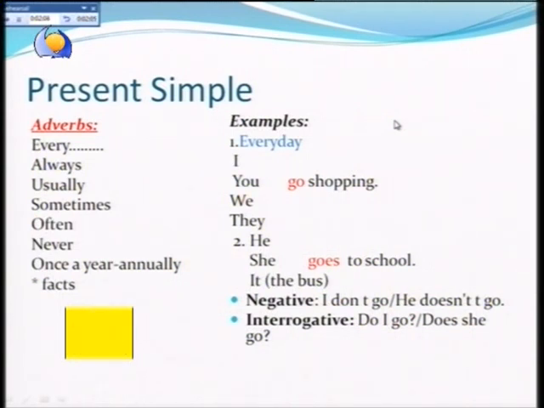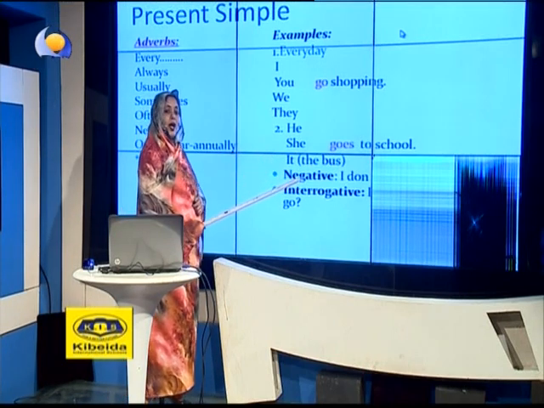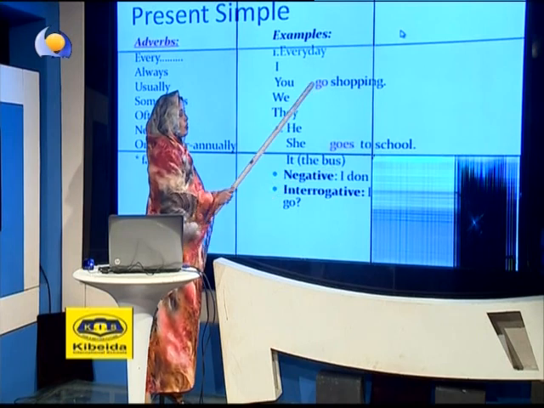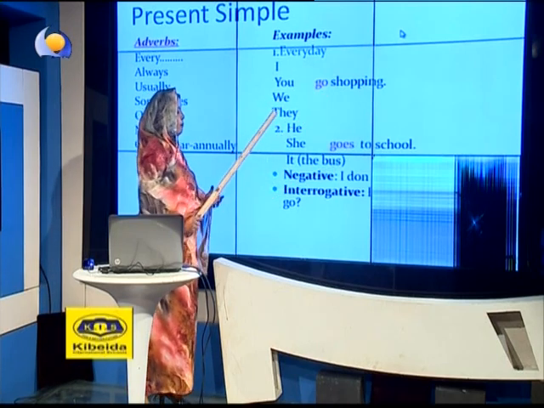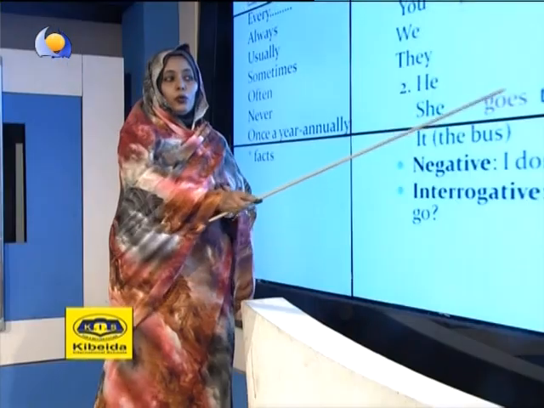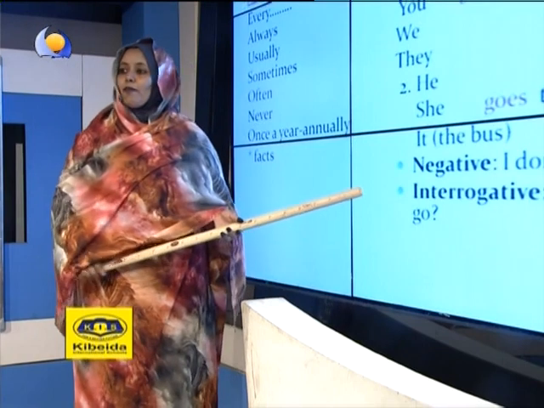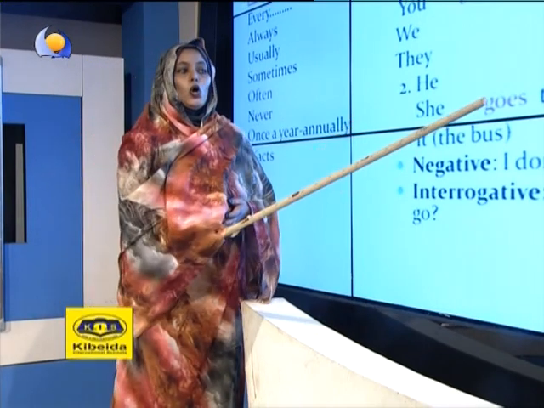For verbs that do not take s, we use the helping verb do. So we form negative by I don't go shopping. You don't go shopping. If you move to sentences like he goes to school, you make it negative by saying he doesn't go to school.